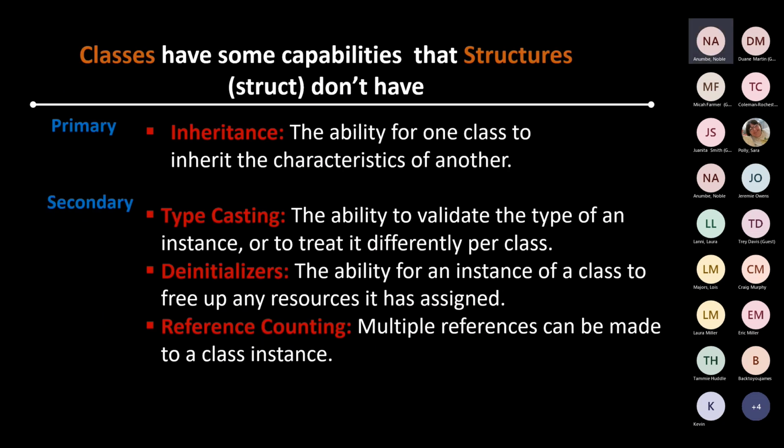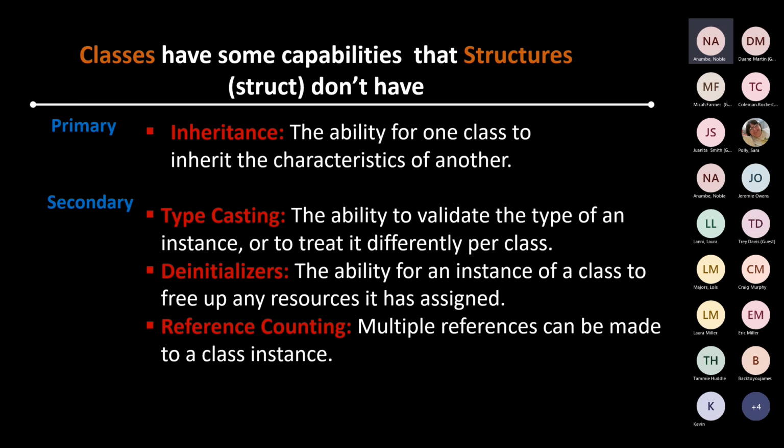This is not something I would say you need to know at this level, but it's important to also know that the primary difference between classes and structures is inheritance, right? That's one of the main things that classes have that structures do not. And that's something you're going to see in a lot of object-oriented programming and at a higher level.